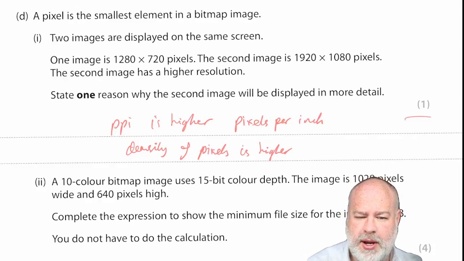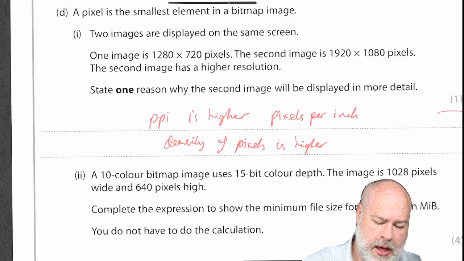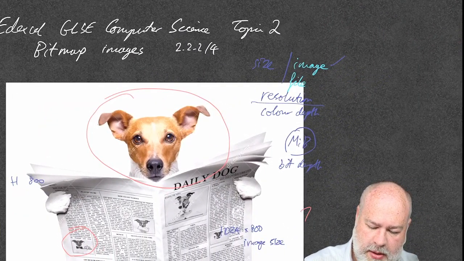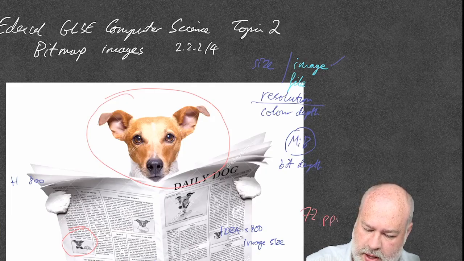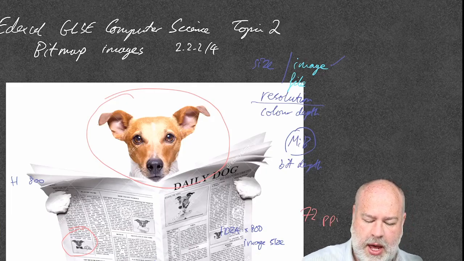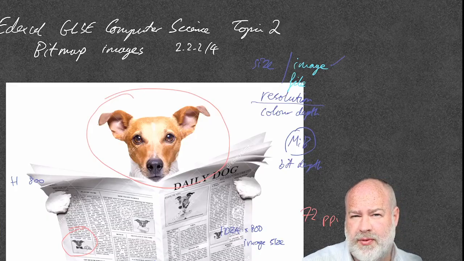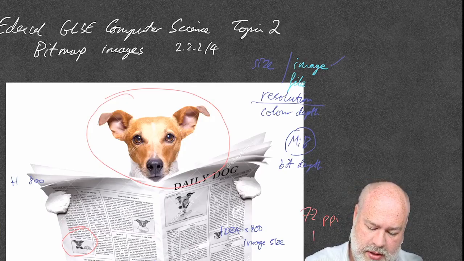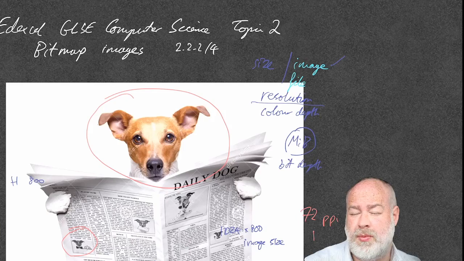So how many pixels are there? If this was a web image, it might be 72 PPI. If it was for something more mission critical, like a textbook or online magazine, then it might be a retina display style density where you have more pixels per inch.